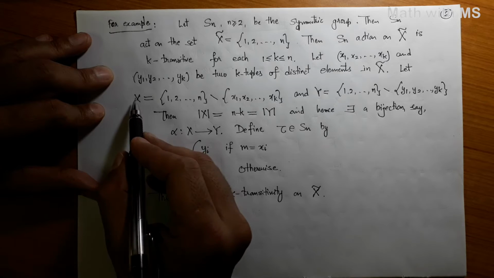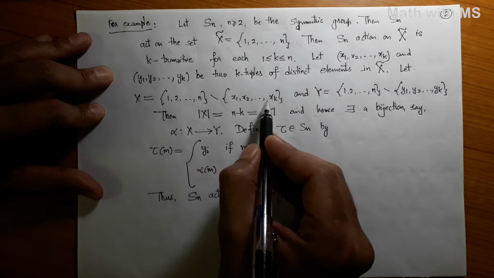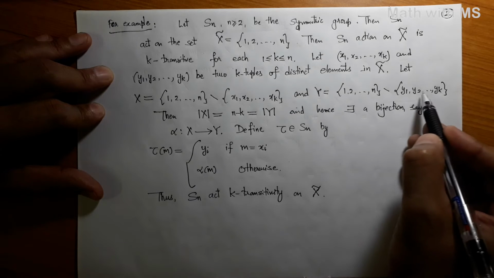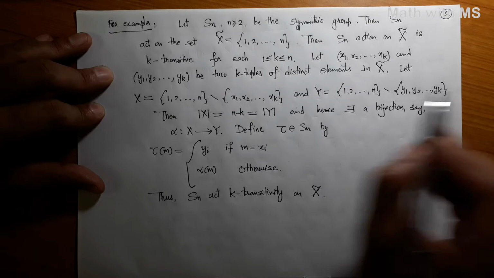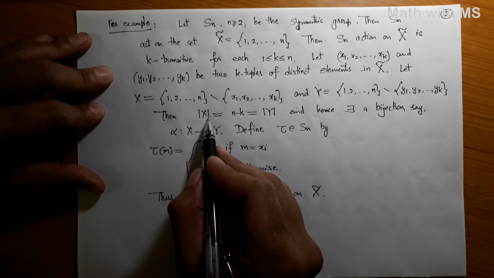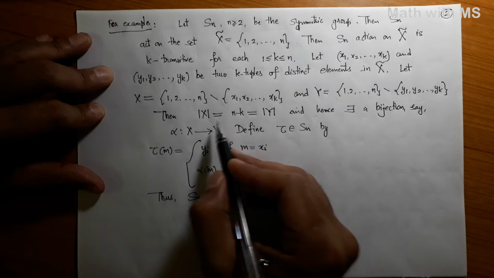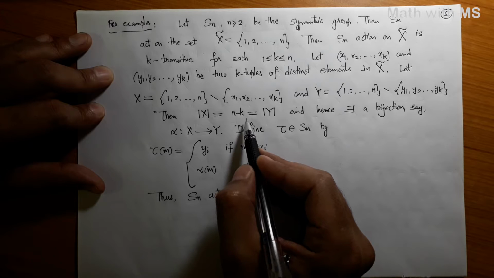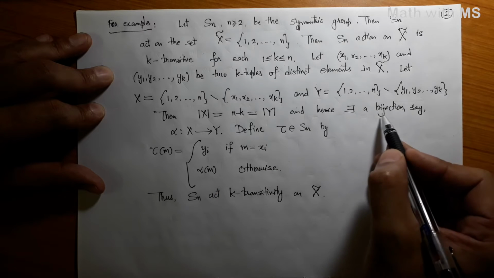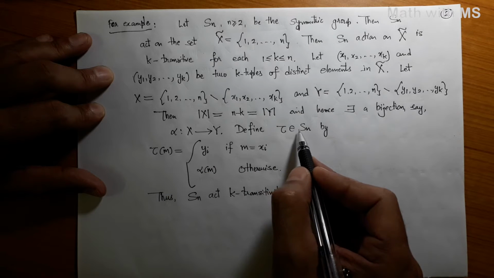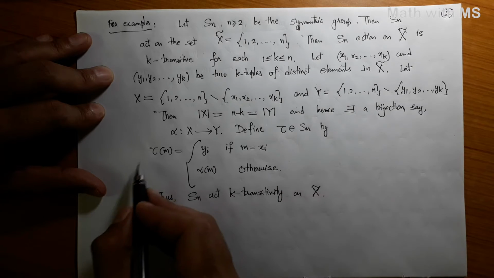So let us define this new set X to be {1, ..., n} minus the elements from the first tuple, and Y to be {1, ..., n} minus the elements from the second tuple. Notice that the cardinality of X is n minus k, which is the same as the cardinality of Y. They are finite sets of the same order, so there is a bijection between them. Let us call that bijection alpha. Now define this permutation in S_n by the following rule.